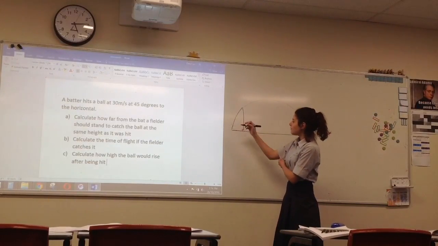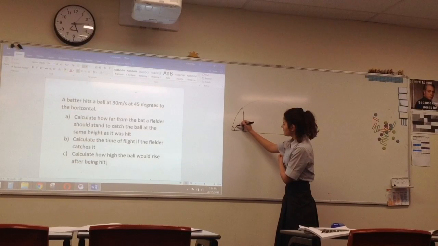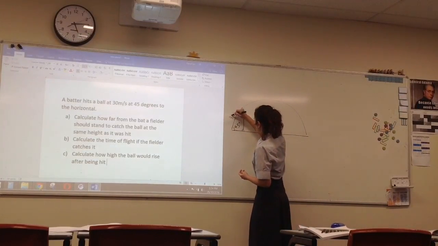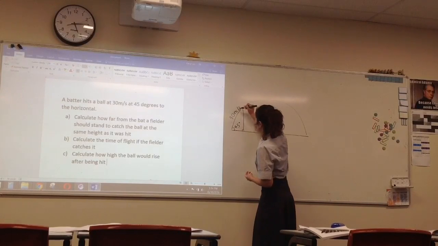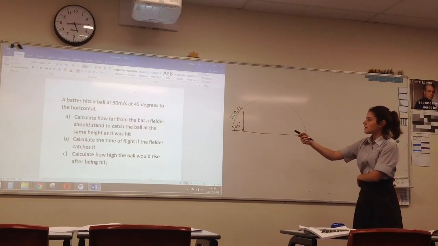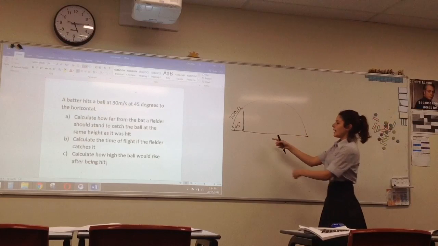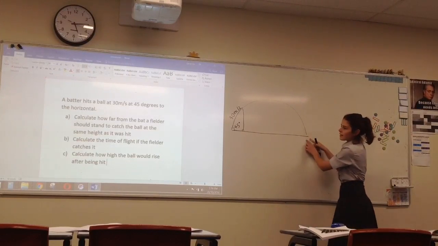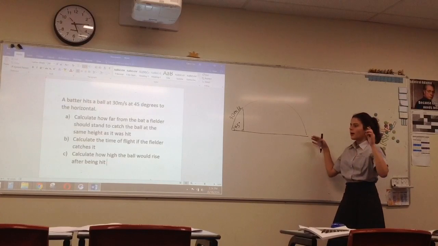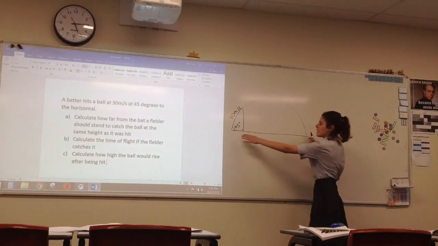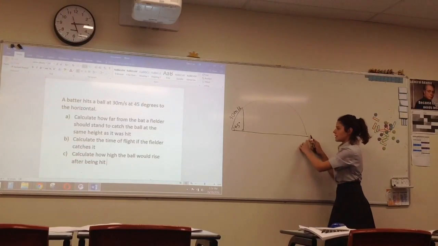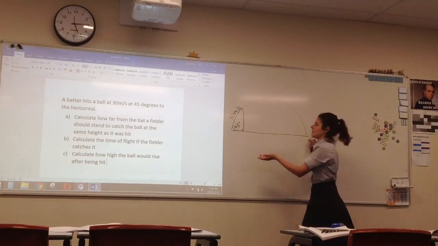So it hits at 45 degrees at 30 meters per second. And it wants us to calculate how far from the bat a fielder should stand to catch the ball at the same height as it was hit, so pretty much they're at the same level. So this is just the range.